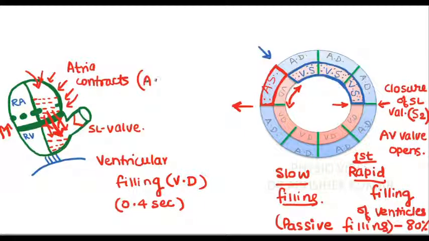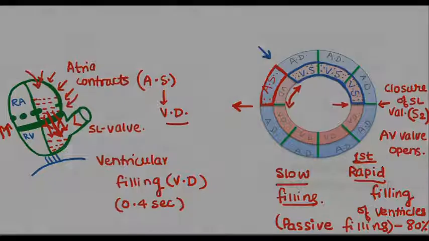So for last 0.1 second, this atrial systole results in ventricular filling. And this active filling of ventricles for the last 0.1 second due to atrial systole is known as second rapid filling.